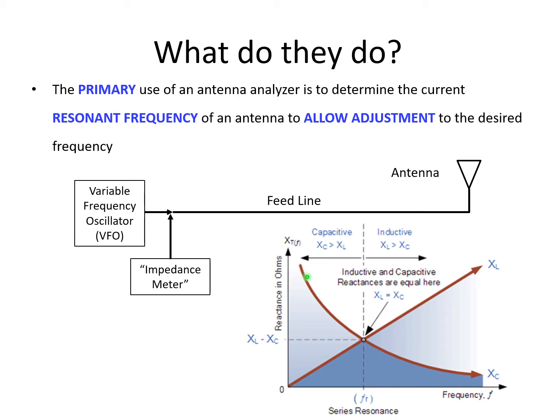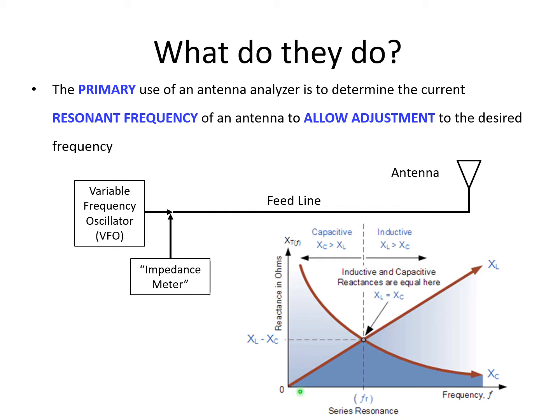And then as we increase the frequency, the capacitive reactance decreases and continues to decrease the higher the frequency we have. And then conversely, the inductive reactance starts at a very low level. Actually, at DC, or 0 hertz, the inductive reactance of an inductor is 0. And then as the frequency increases, the inductive reactance increases linearly, like we see here in the graph.